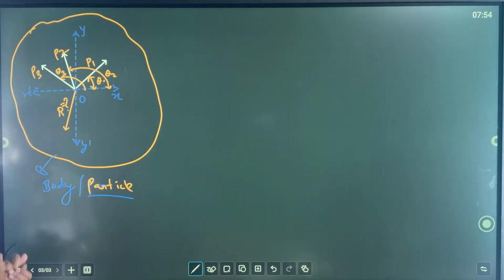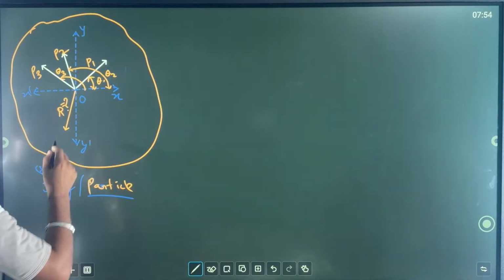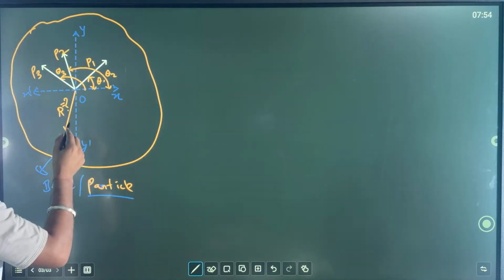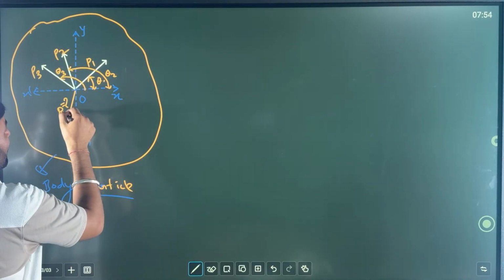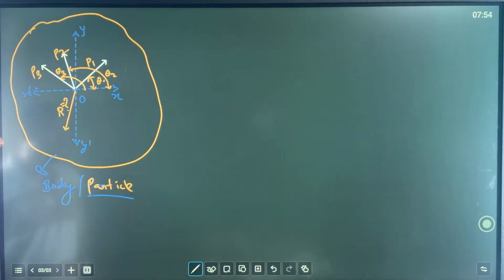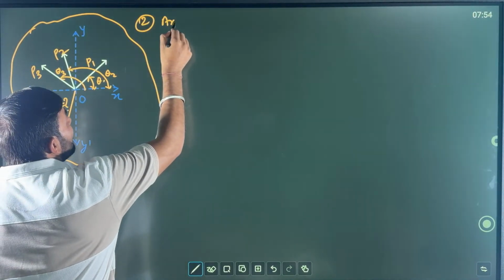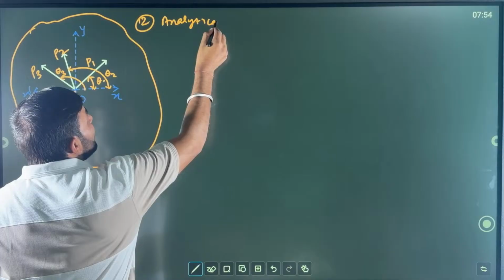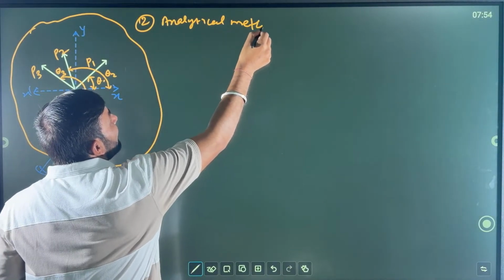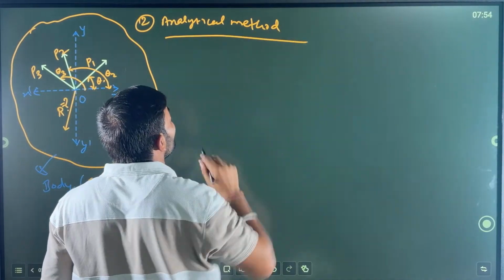Be careful. We need to find out the resultant R. So now this is the approach, the analytical method of finding the resultant, my dear friends.